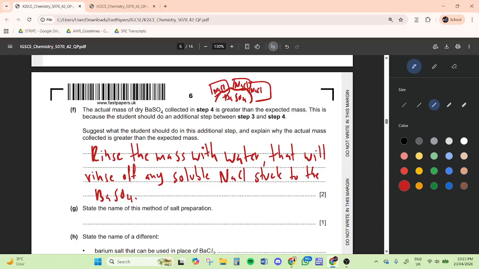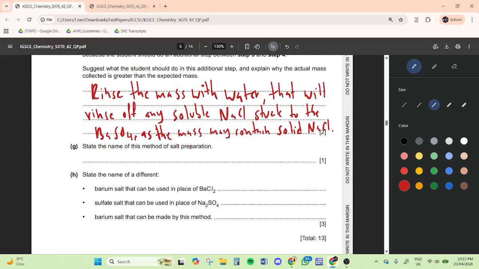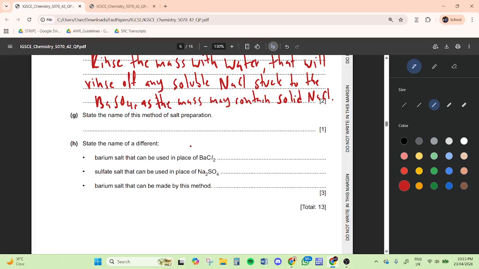So that's all you have to write. You could also add as the mass may contain solid NaCl. That's it.